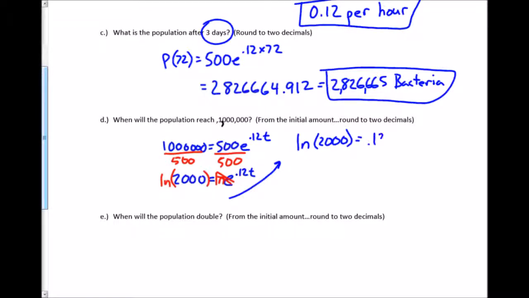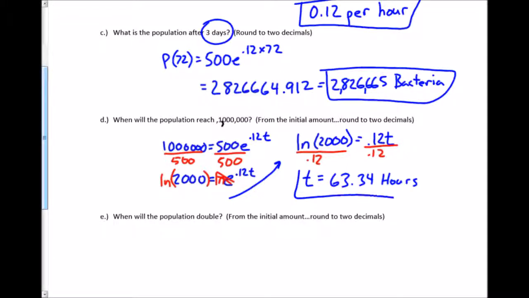I divide each side by 0.12. So I find out that t equals, well, it's just a job for my calculator. Okay, so I plug it in. Looks like 63.34, and again, that is in hours. It's important to include the units here so I know exactly what we're talking about.